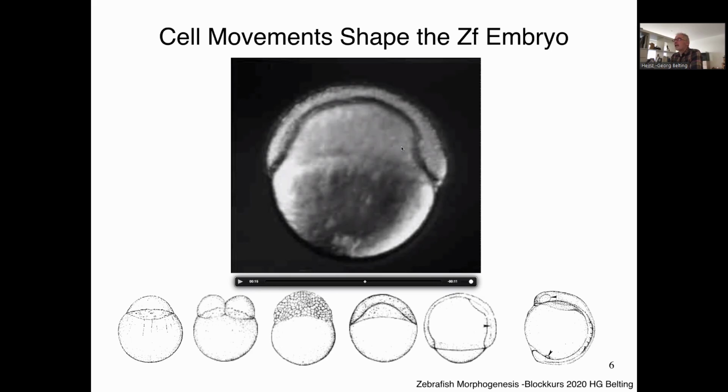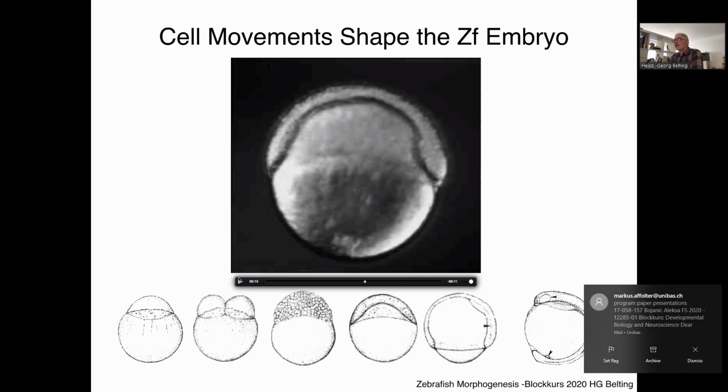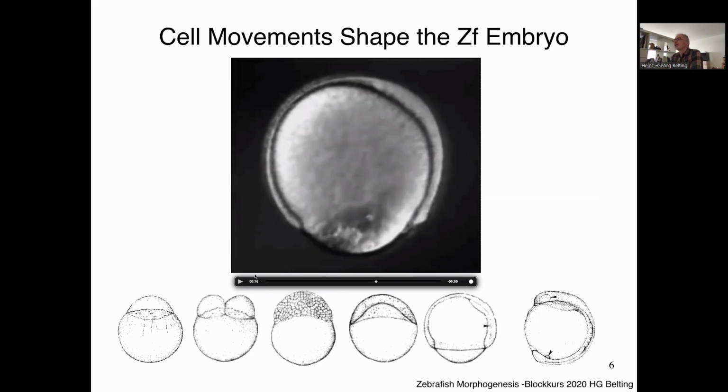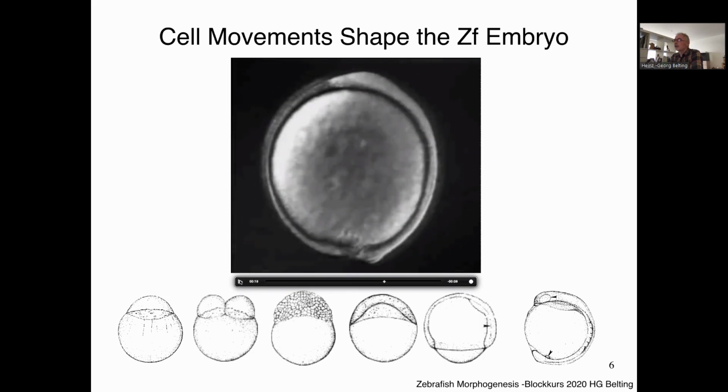And as epiboly occurs, the cells are moving forward. These cells are actually moving upwards. At the same time, the cells are also elongating down here to the vegetal pole. This is what you saw very nicely in the movie this morning, I think. You have this thickening here and this thickening here, and you have some cells here.